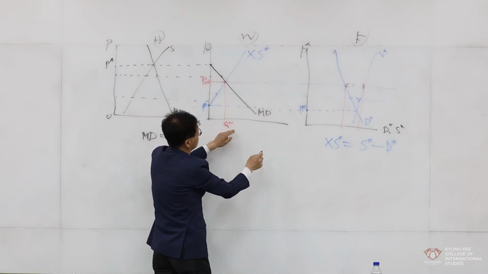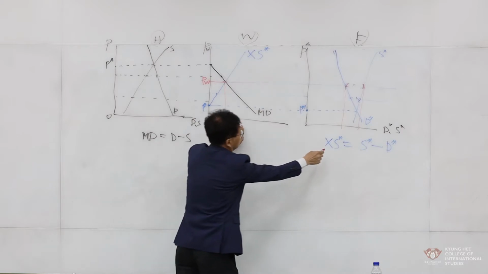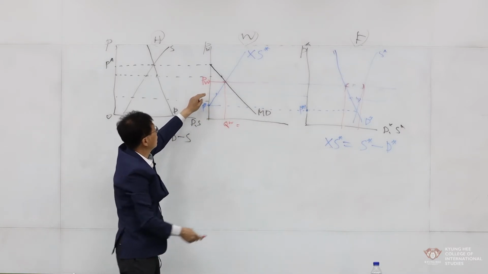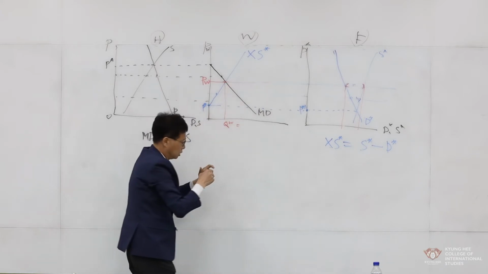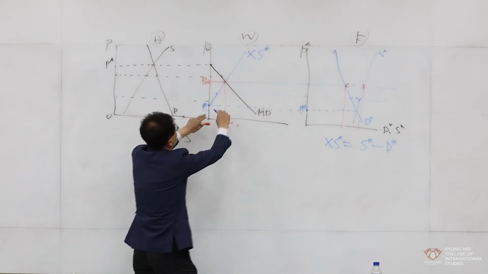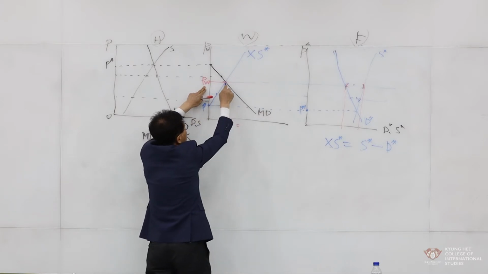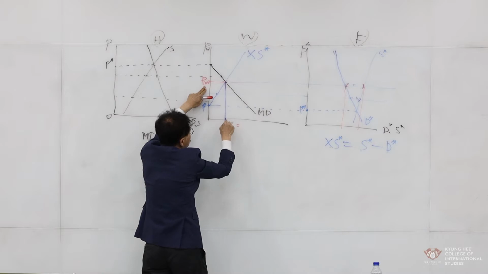Export supply at P W is equal to this one. The export supply curve of Australia is this one. And at the world price P W, the quantity traded at the world market is this one, Q W.